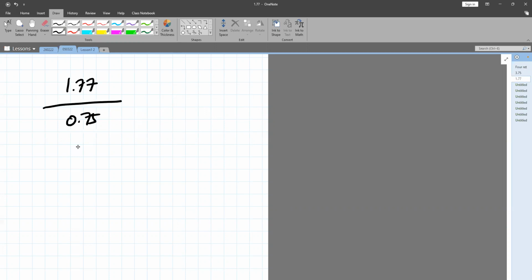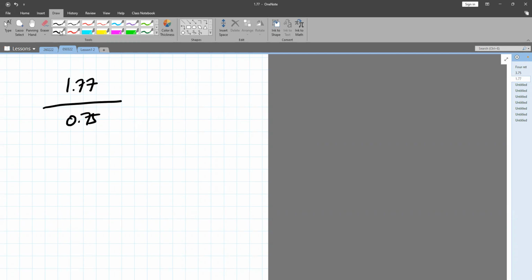I know 0.75 is 3/4 of a kilogram. So I tried dividing $1.77 by 4. So I made it 177, and then I divided it by 4, which got me 44.25, and that would be cents, and I just added it in.